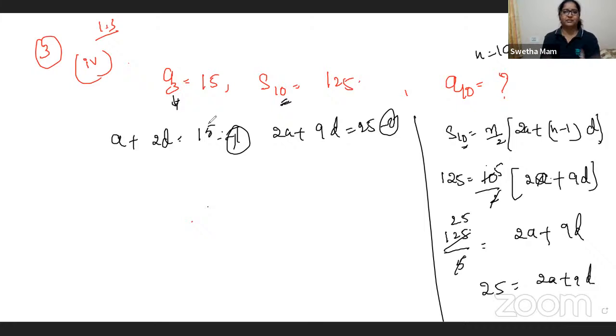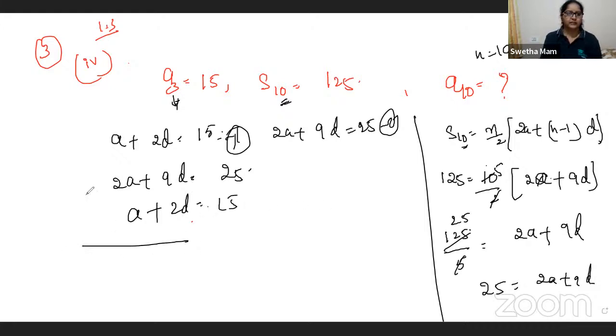Now both are similar, aren't they? See, now write 2a plus 9d is equal to 25 and a plus 2d is equal to 15. See, to solve the equation, in previous problems, we were cancelling the terms a directly. But here, the coefficients of a are different.